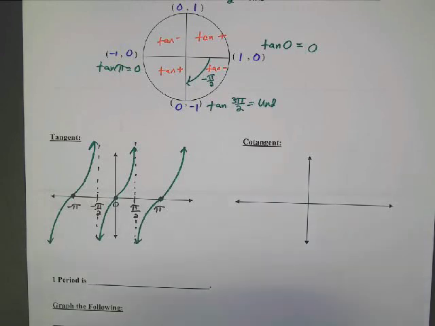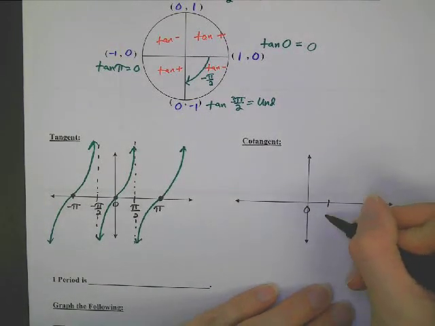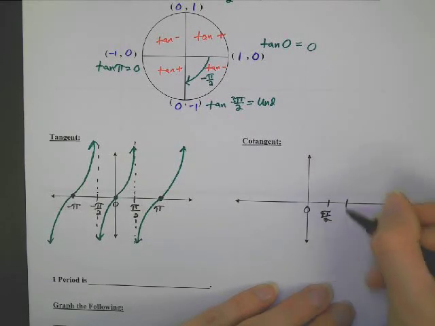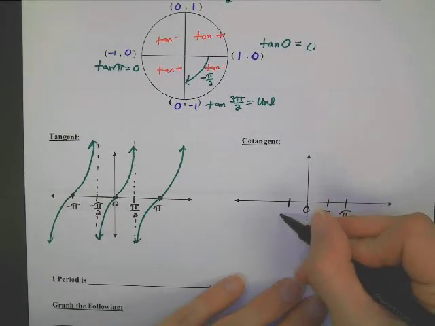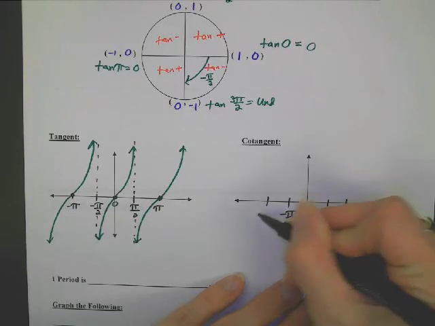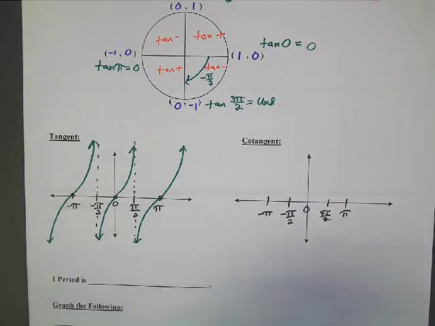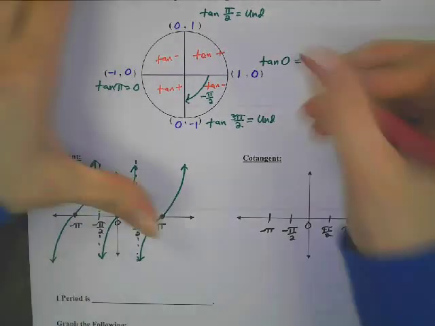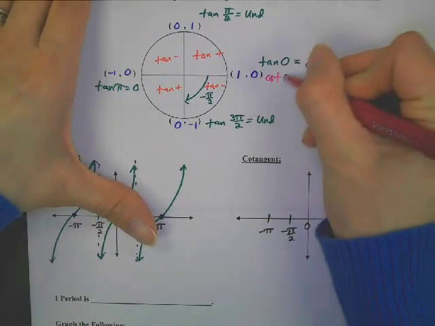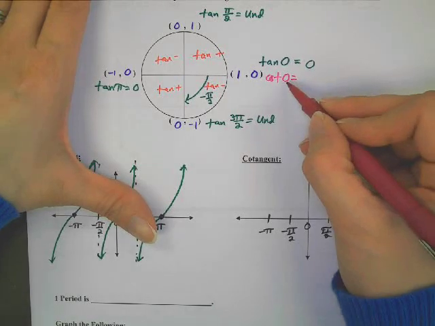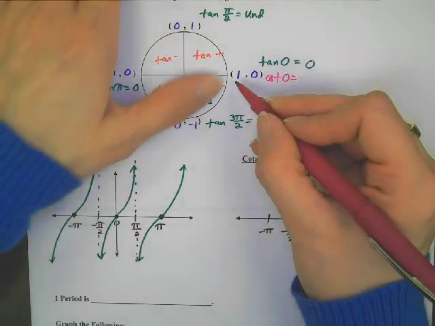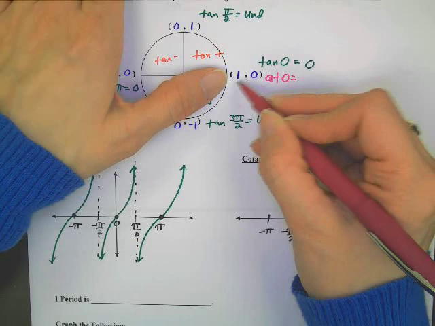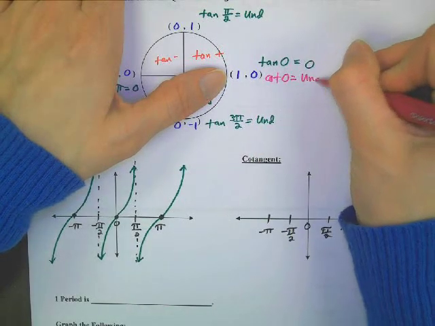Let's do the same thing here for cotangent. We're going to have 0, pi over 2, and pi, negative pi over 2 and negative pi. Let's go look at the unit circle up here and talk about cotangent. What's cotangent of 0? Cotangent is cosine over sine, so the answer is going to be undefined.